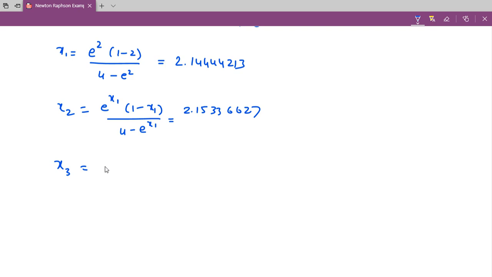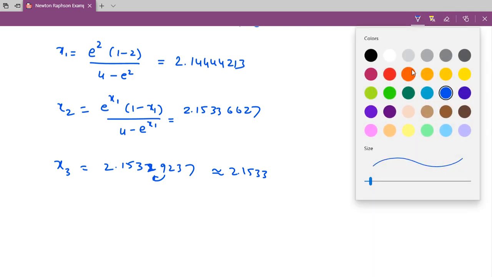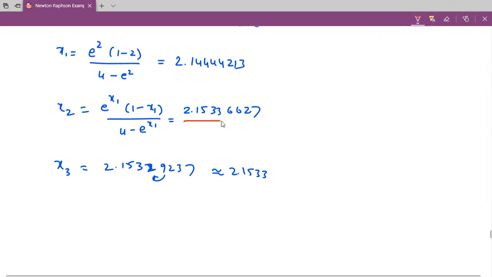So x3 gives you 2.15329237. This can be approximated as 2.1533, corrected to 4 decimal places.